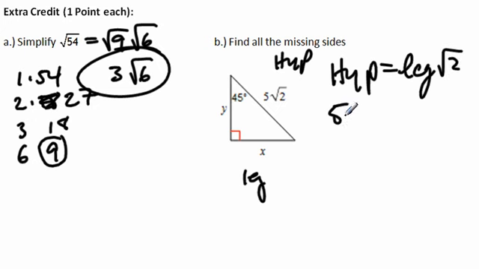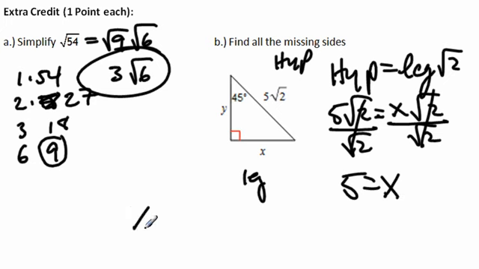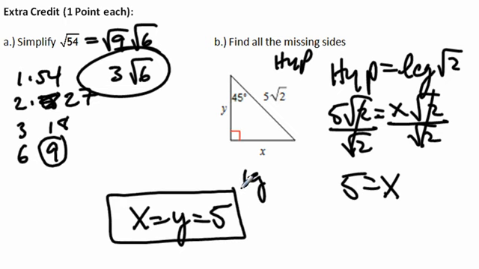If I know that the hypotenuse is 5 root 2 equals x times root 2, then I divide by root 2, divide by root 2. The root 2's cancel, and so I get 5 equals x. So x equals y equals 5 is my answer.